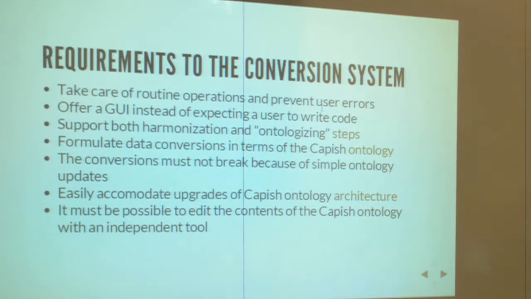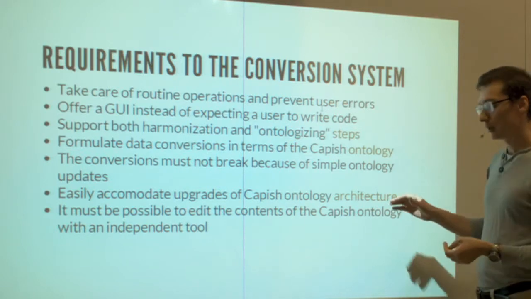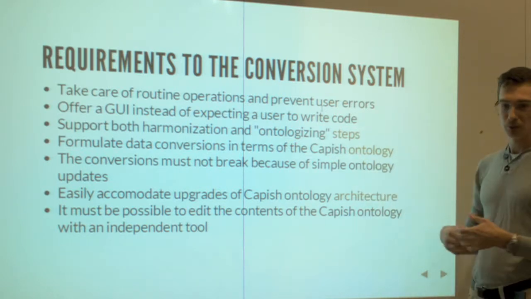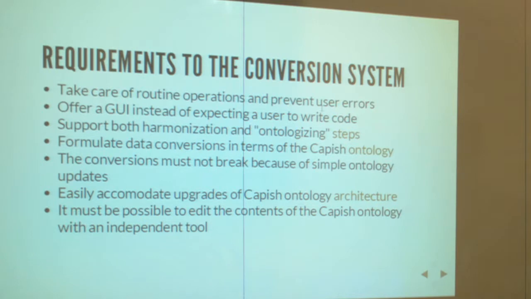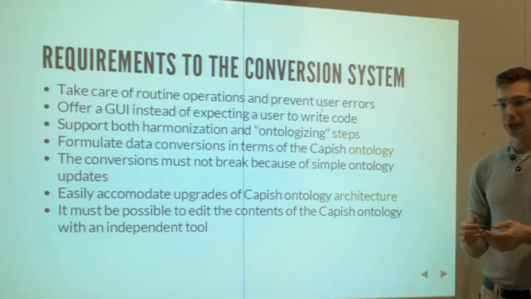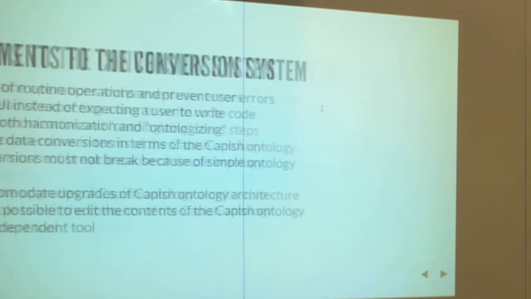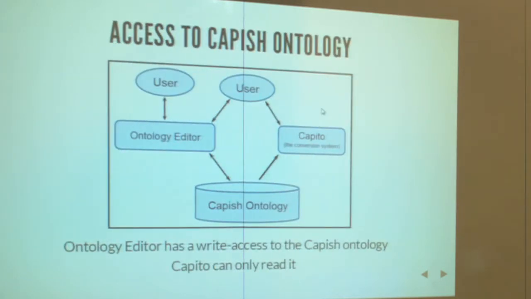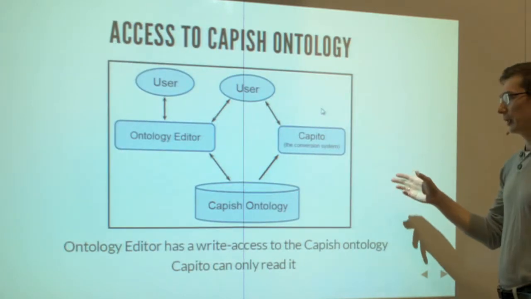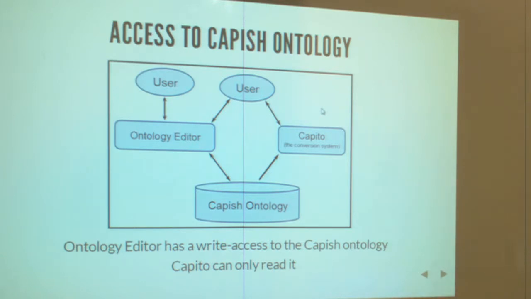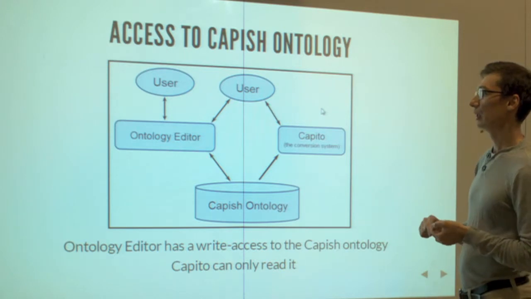And finally, the maintenance of this ontology, or terminology if you like, is a separate task. So you don't necessarily want to mix it with the conversion itself. It may even be different people who do it. So here is how we could represent access to Capish Ontology by different interested parties.